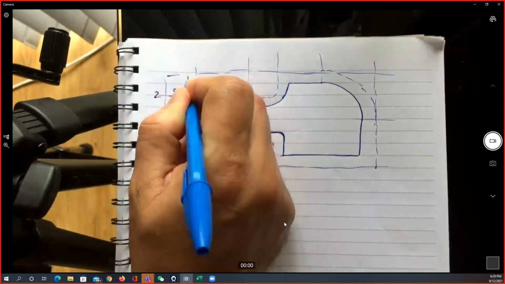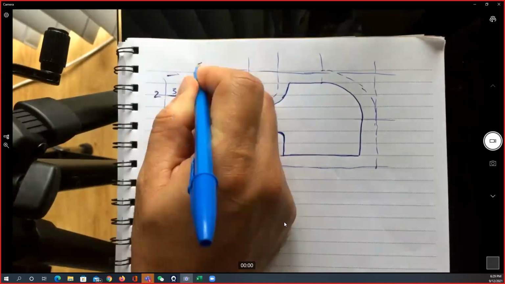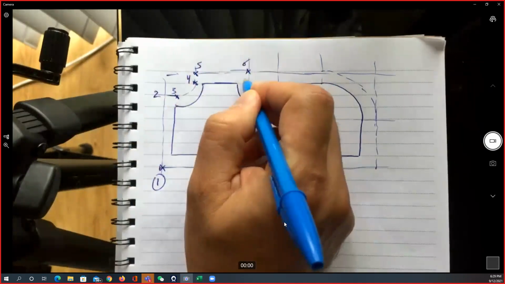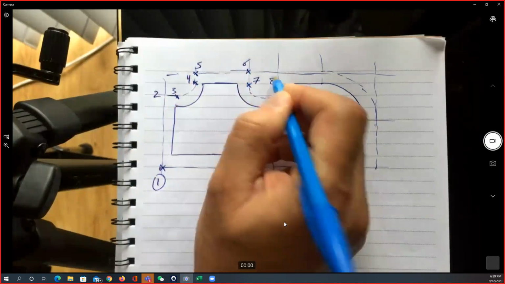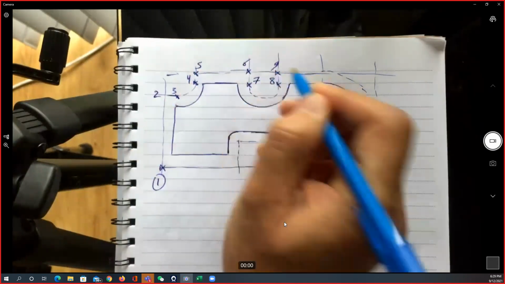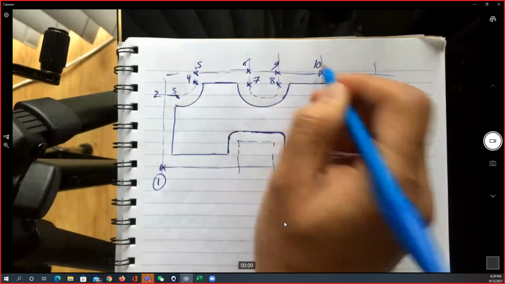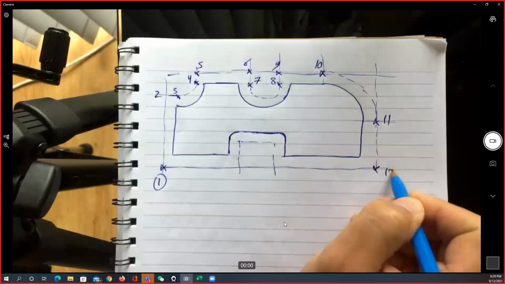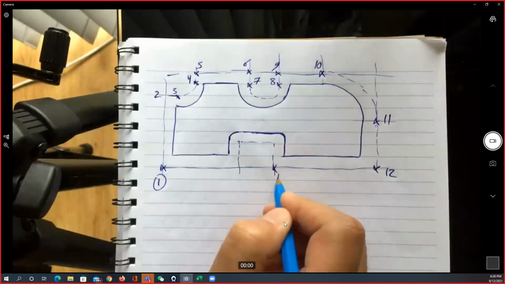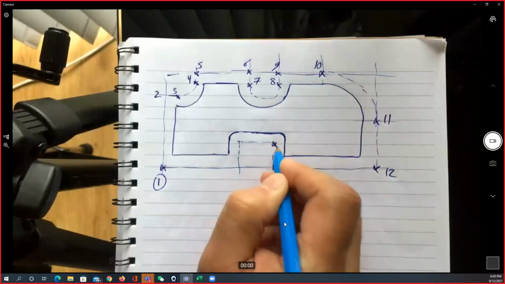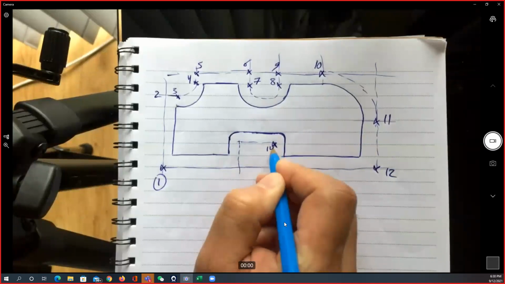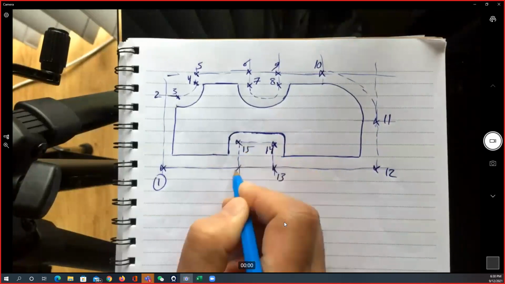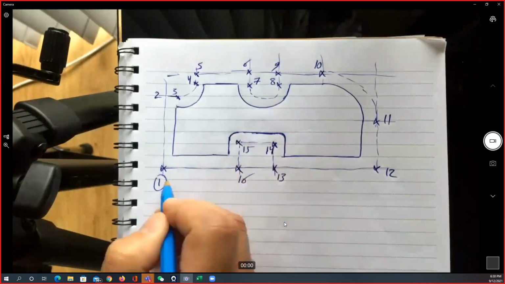Point number 4. 5. 6. 7. 8. 9. 10. 11. 12. 13, 14, 15, 16, and 17.